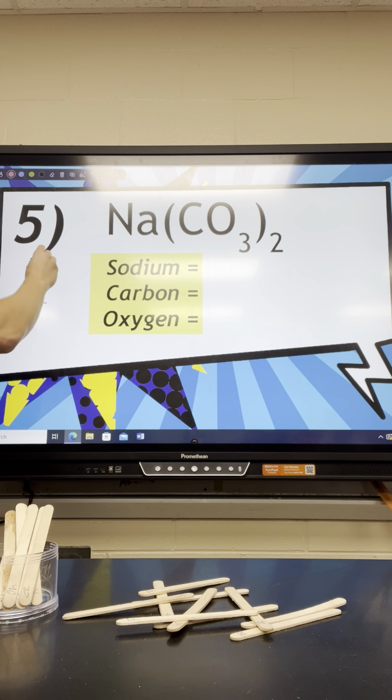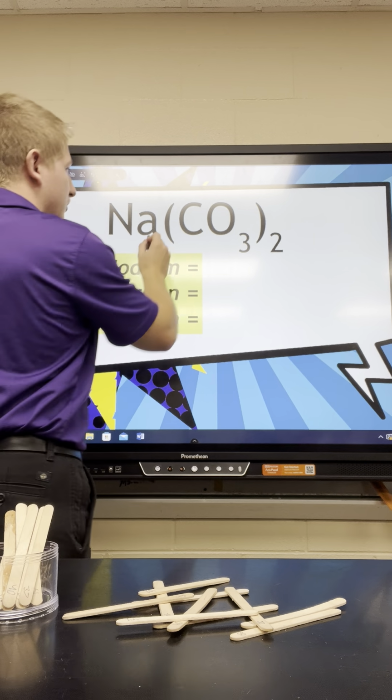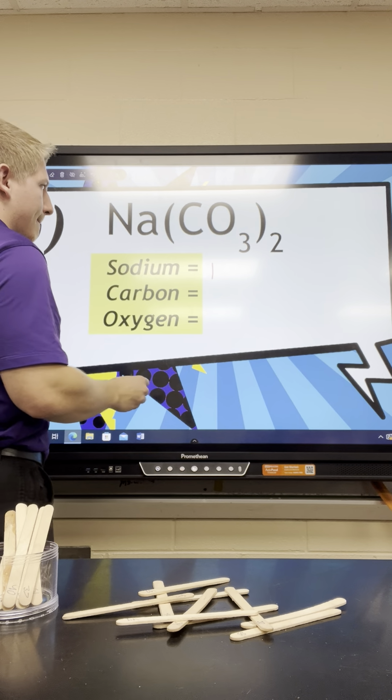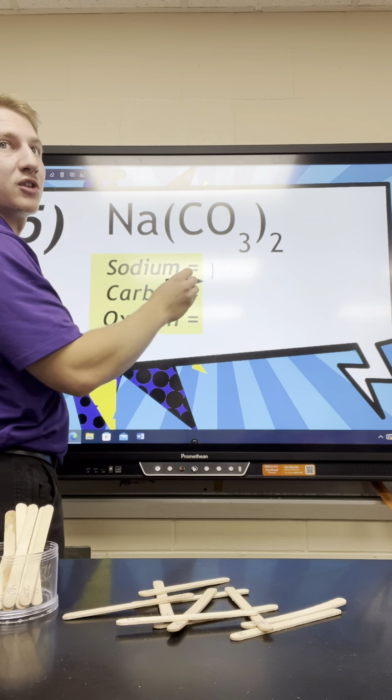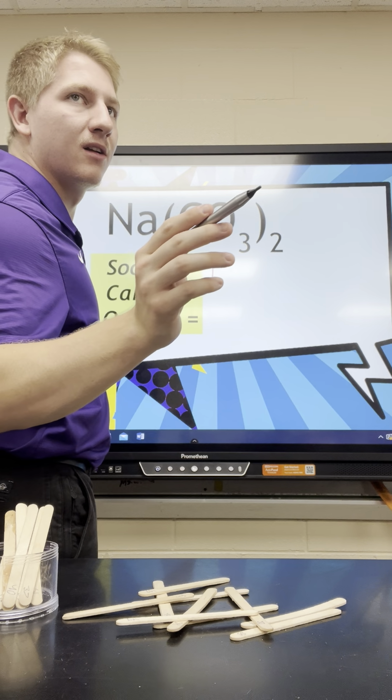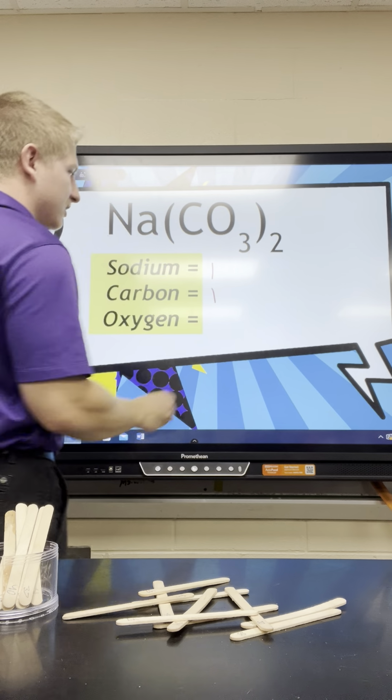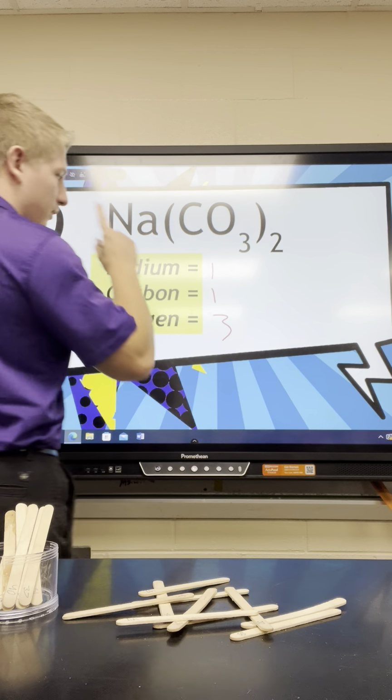Remember, these up here are called superscripts. So down here are called subscripts. All right, so what's our subscript for Na? 1. What about C? 1. How many oxygen? 3. All right, now what's our next step?